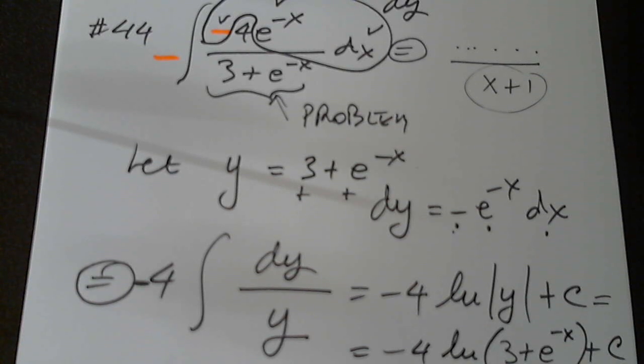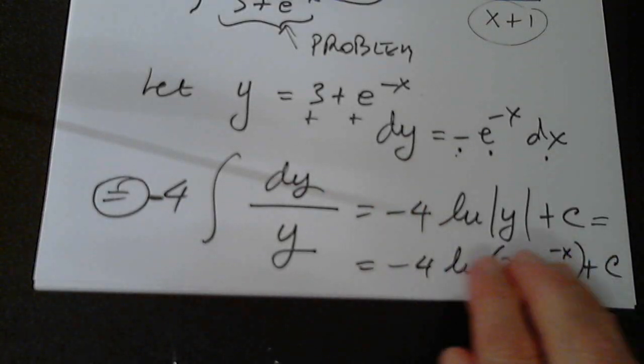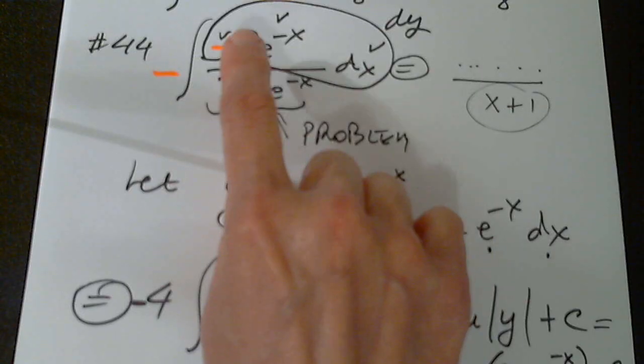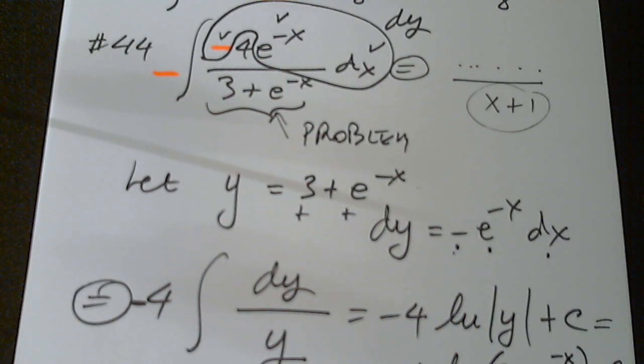It's the same thing. How will I check something like this? When you differentiate this, you have to get this function, 4e to -x over 3 plus e to -x. Let me know if you want us to check the answer. If not, we'll move on.